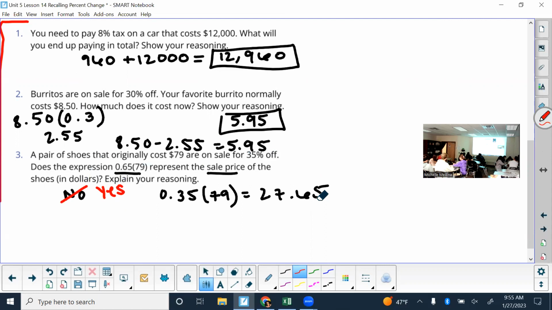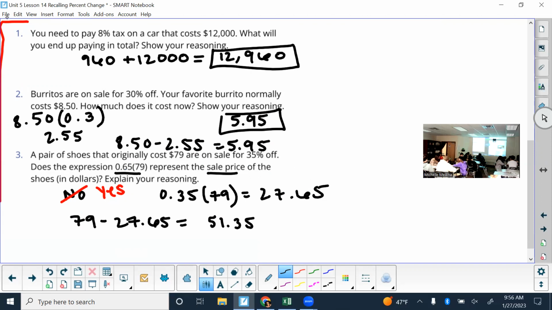All right, because what is the sale price? Table 7, what is the price of the shoes now? $51.35. So take your original price, which was $79, subtract the discount. That sounds right.